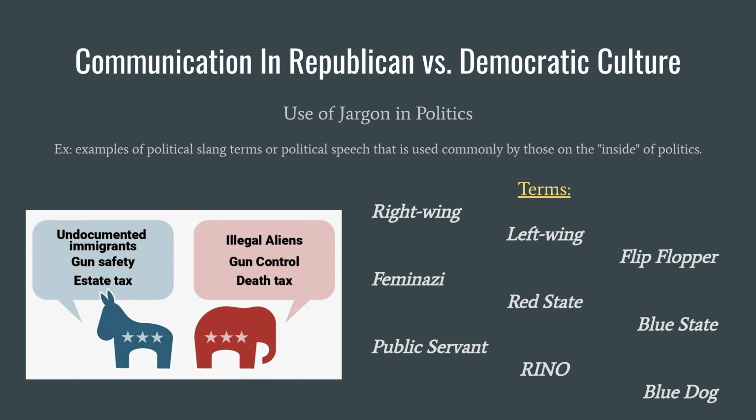There are also terms in which politicians and civilians, from either the Republican or Democratic Party, use to differentiate themselves, or they insult their opposite group, and they use jargon such as right-wing, left-wing, a flip-flopper, which is a candidate or politician who changes his mind on certain issues, or feminazi, which is a militant feminist who is viewed as going overboard on women's issues, red state, which is a state that prefers Republicans, blue state, which is a state that primarily votes for Democrats, public servant, which is a political jargon word for an elected official, rhino, which is a term that is used to criticize Republicans who often side with Democrats.